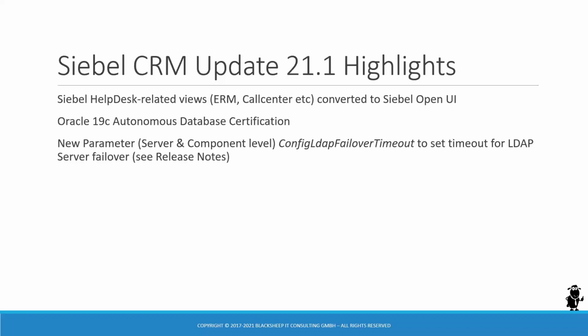There was a 20 or 30 second timeout, and now you can control that timeout. So sometimes the changes are really small, but they're documented in the release notes. So read those release notes. That's what I tell people all the time.